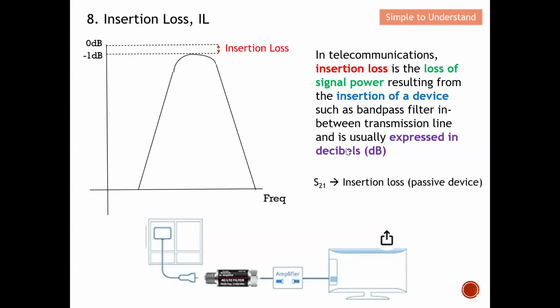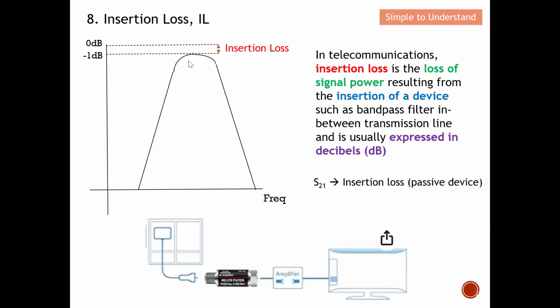What does this mean? For example, this is an amplifier, and this is an antenna. We would like to put a filter in between the amplifier and antenna. You know that there is no ideal device. Basically, when you introduce a device such as a bandpass filter here, you are going to anticipate some form of loss. For example, this is a bandpass filter.